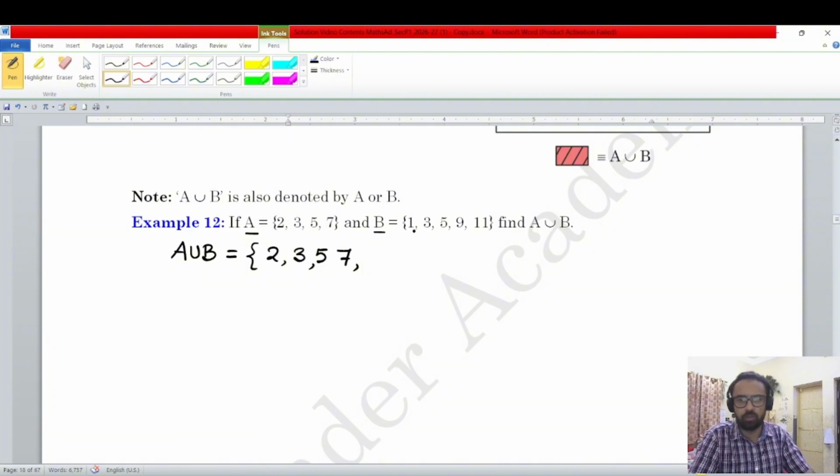Suppose 1. 1 is an element in B. Is it written already? No. So 1 will come. 3 is already written here, so 3 will not be written again. Then 5 is already written, 5 will not be written. 9 will come here. Then 11 will come here. So this will represent A union B.